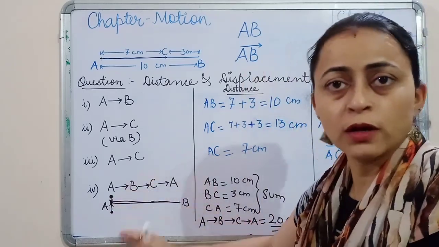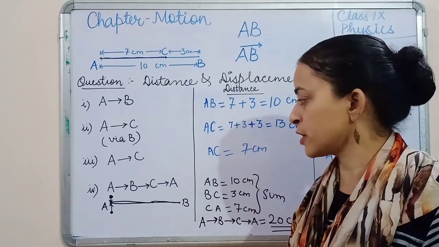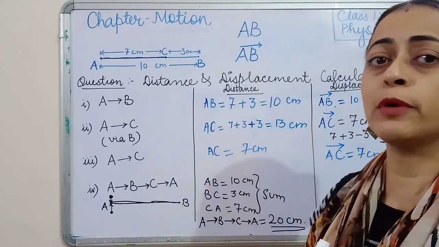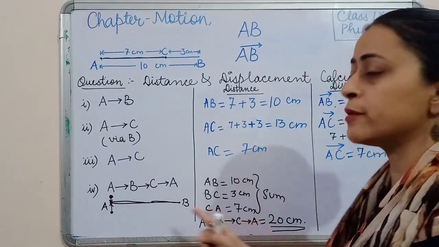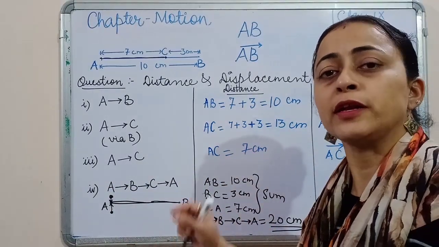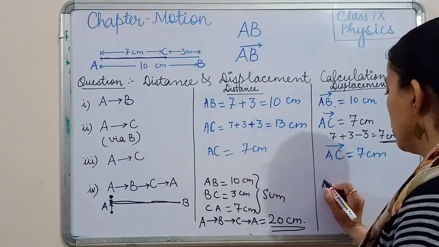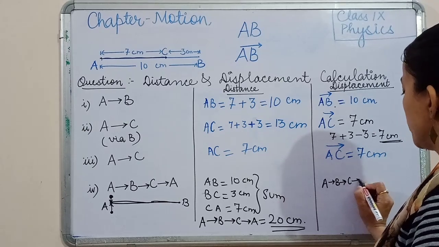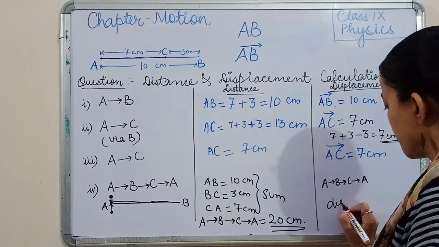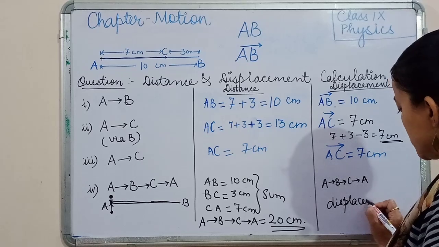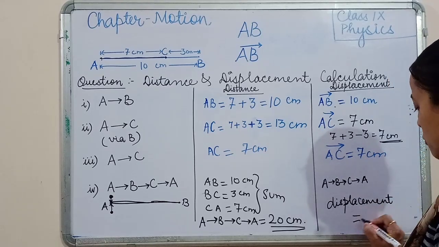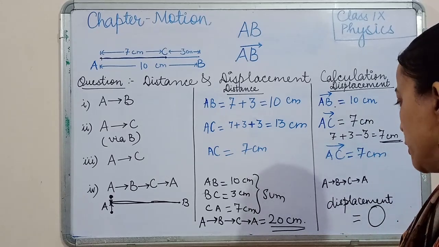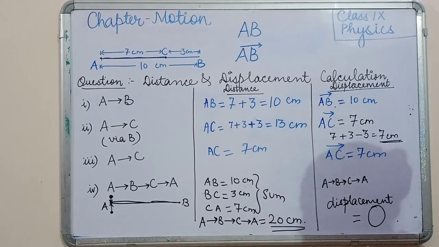Here it started from A and came back to A, which means the object has not been displaced from its place. Although it has covered some distance, 20 centimeters, finally it came back to its position. So displacement in this case, A to B to C to A back, gives us displacement equals to 0. I hope this is clear. So here the displacement becomes equal to 0.